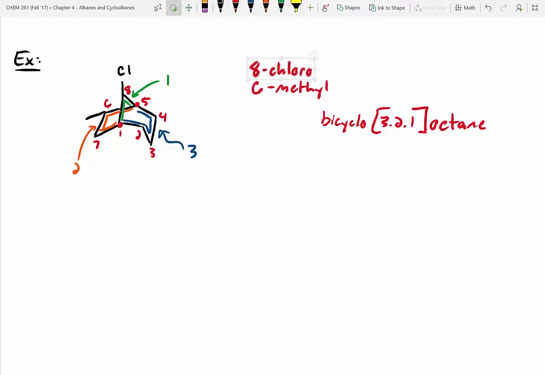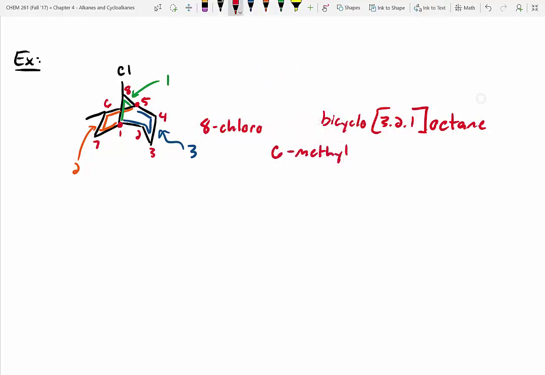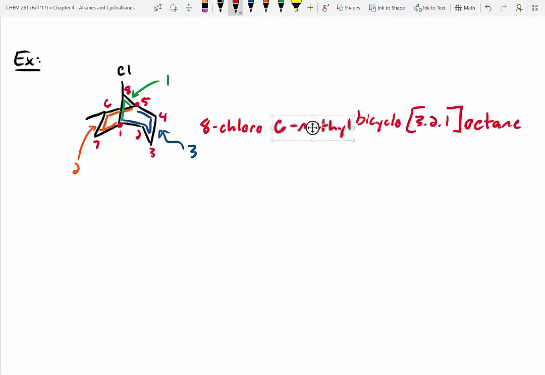I'll put that in the front. And then I'll put the 6-methyl in between. Oh, let me slide this all around. And I'll put a dash in there to indicate that they're all in the same system. So this would be 8-chloro-6-methyl-bicyclo-3,2,1-octane.